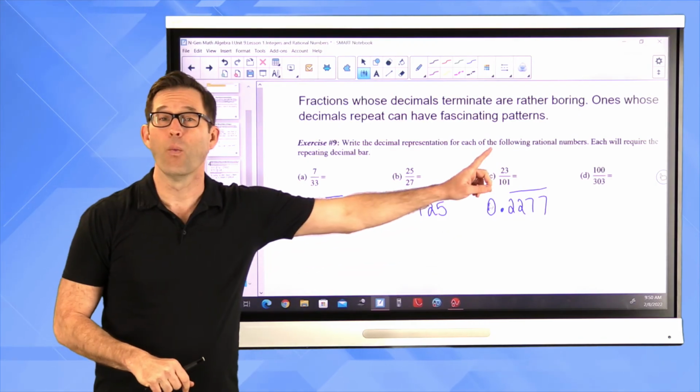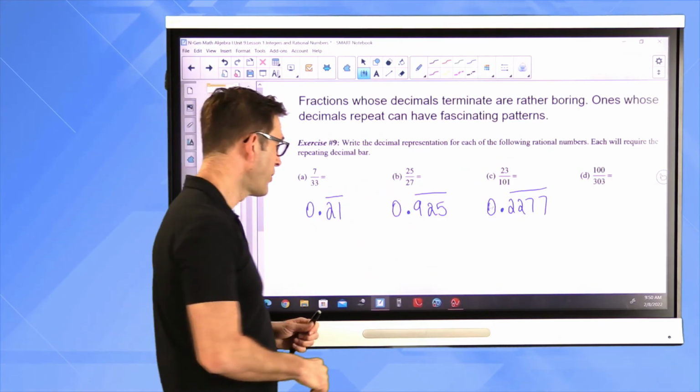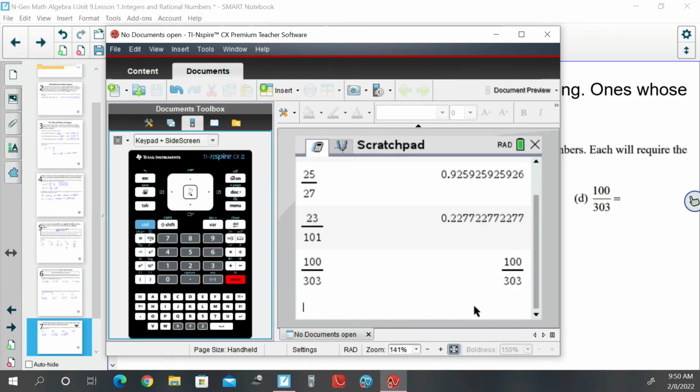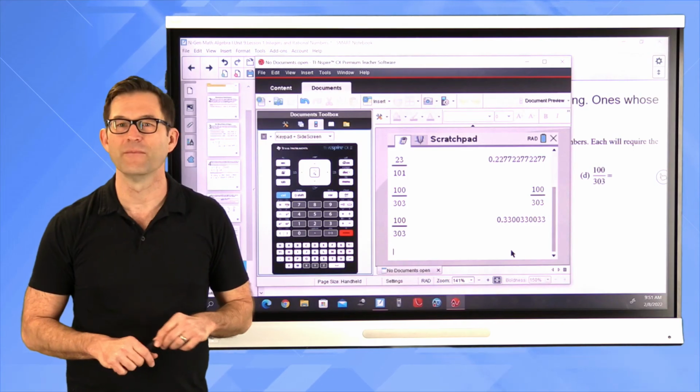And now finally, 100 divided by 303. Let's bring this thing up. 100 divided by 303. Oh, made the classic mistake there. There it is. 0.3300330033, etc. All right.